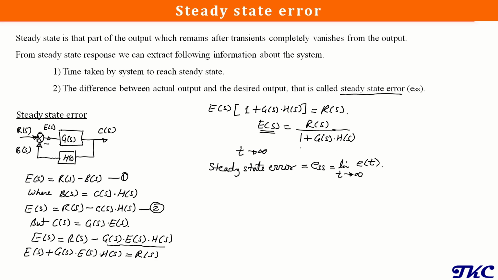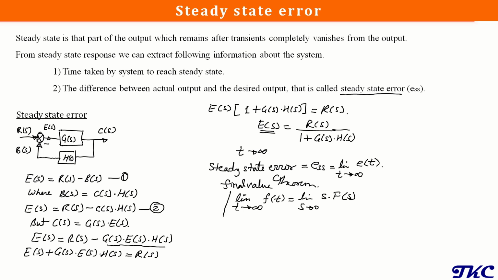Now instead of determining the inverse Laplace of this term, we can use the final value theorem, which is the limit as t tends to infinity of f(t) equal to the limit as s tends to 0 of s into F(s).